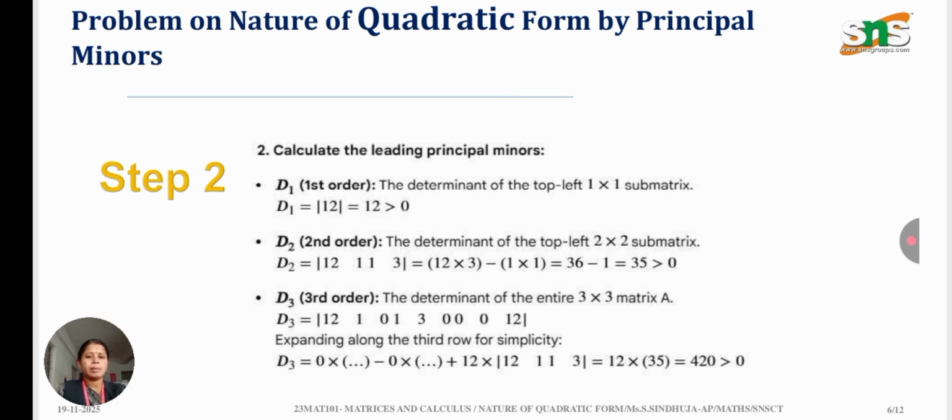When you expand this determinant, we get the answer 35, which is greater than 0. Now d3, that is the determinant of the entire 3 by 3 matrix. That we get as 420, which is greater than 0.